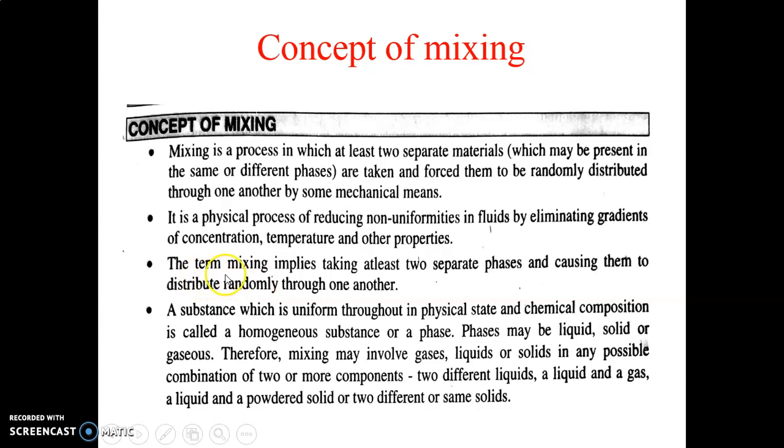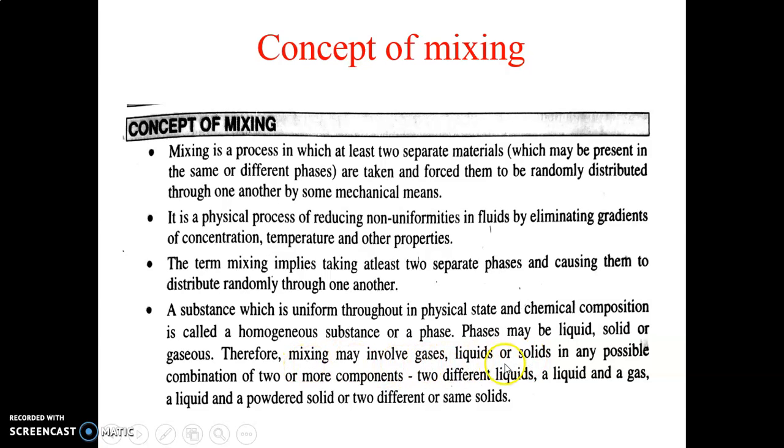Or sometimes the term mixing implies taking at least two separate phases and causing them to distribute randomly through one another. So mixing may be done with different phases like liquid, solid or gases.